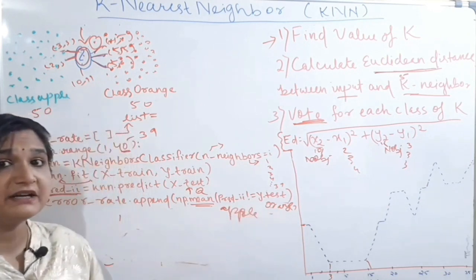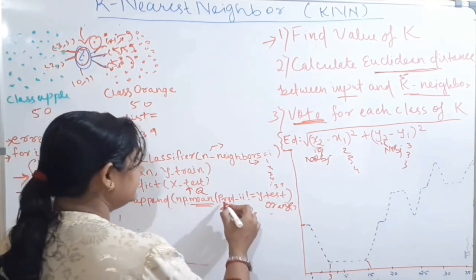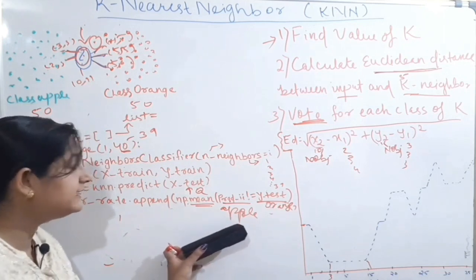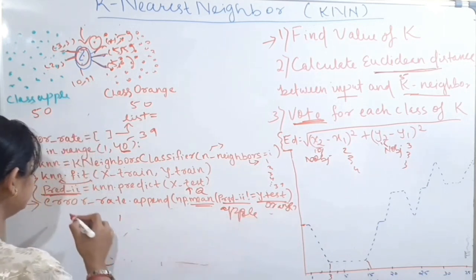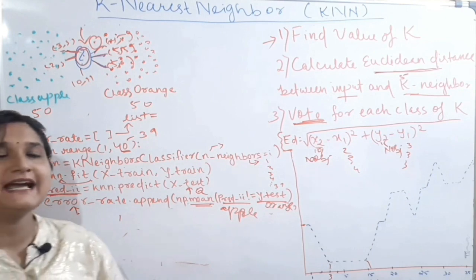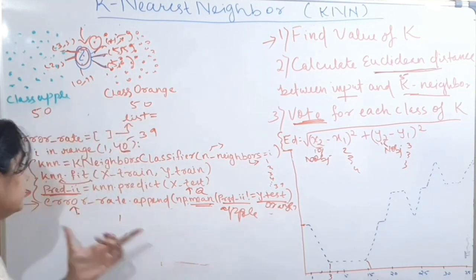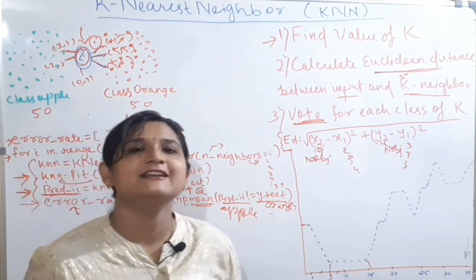So here what happened, the prediction went wrong. When the prediction is wrong, when pred i is not equal to your y test, it will append the mean value into your error list. So this loop will iterate for 39 times, and when there will be error, it will append it to your error list. So in this way the whole algorithm works.